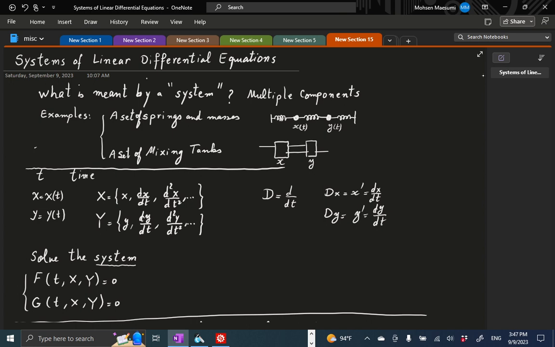So the multiplicity of equations comes from multiple components of the system. Derivatives come in because in all physical laws we have some rate of change. In Newton's case, it's very obvious: acceleration is a second derivative. But in all sorts of even rather trivial cases like this mixing tank problem, you still have a derivative indicating how something changes.